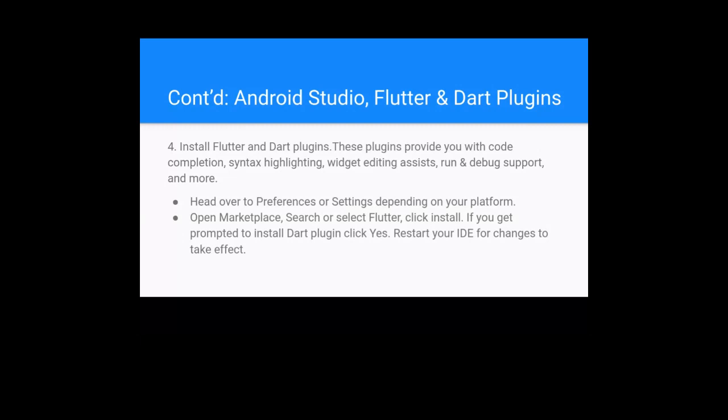Head over to that place and then choose Marketplace. Then you choose Flutter. When you install Flutter, it will also tell you that you will need Dart, so it will just install that for you. These plugins are just small packages, so don't mind about bundles. It's like 10 MB.